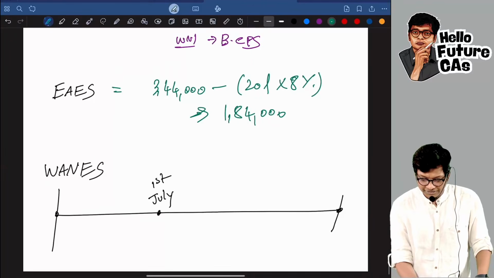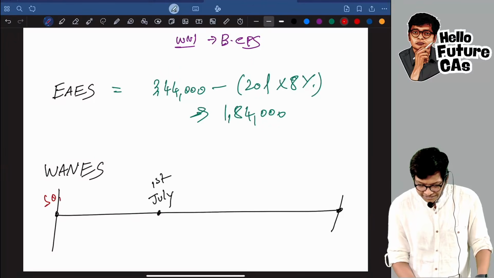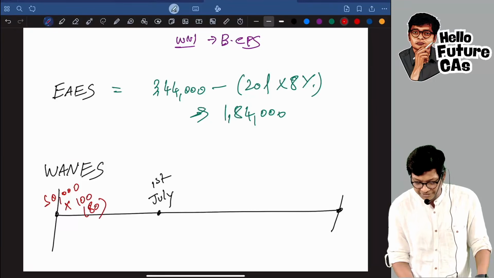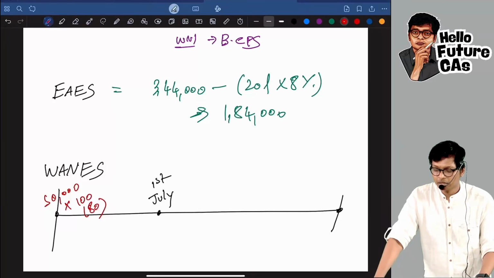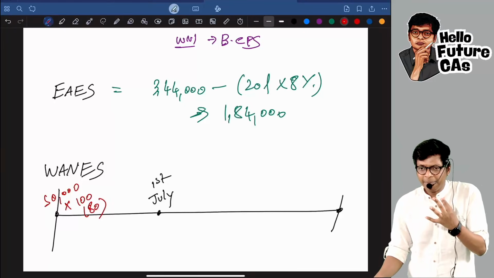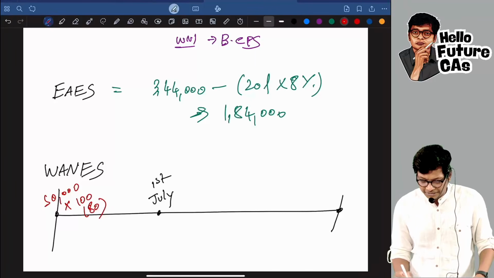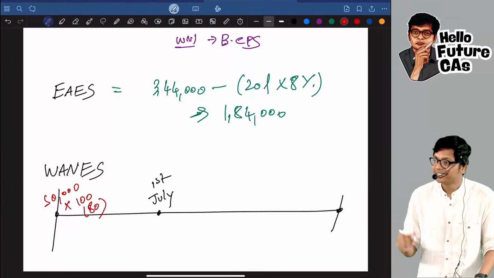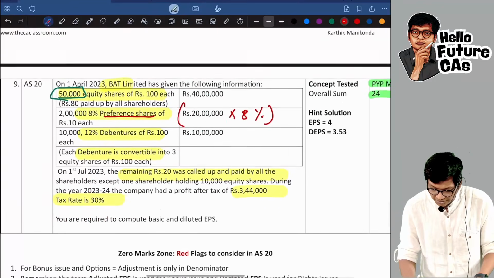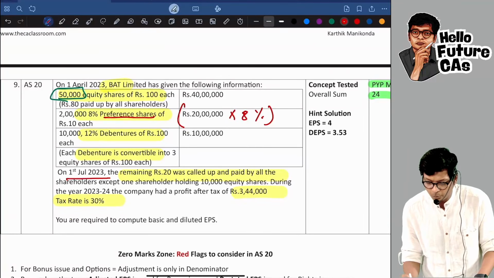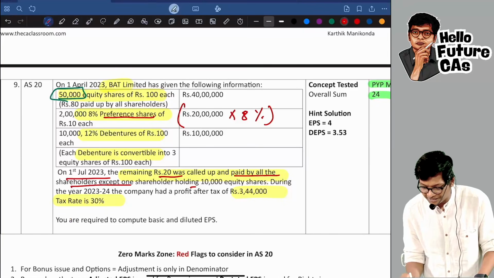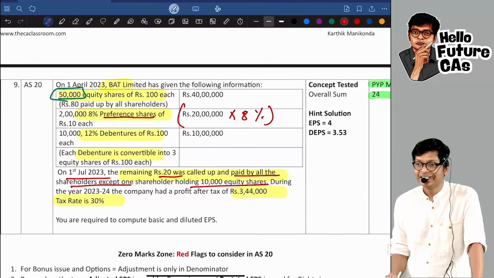Now come down. Look at this. Beginning of the year, we have how many shares? 50,000 shares, face value 100, paid up value is 80, correct? Now, after April, May, June, after 3 months, they made the call for the remaining shares. Question on 1st July 2023, the remaining 20 was called up and paid by all the shareholders except one fellow holding 10,000 shares.